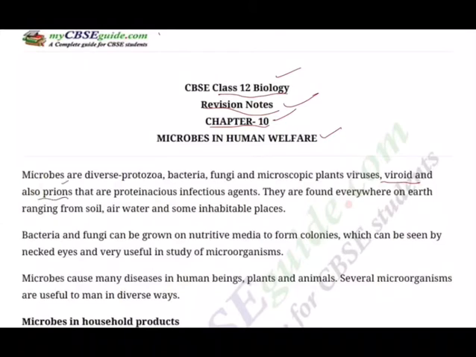So the smallest ones are proteinaceous, basically made up of protein, and they are infecting agents, they infect the organisms.